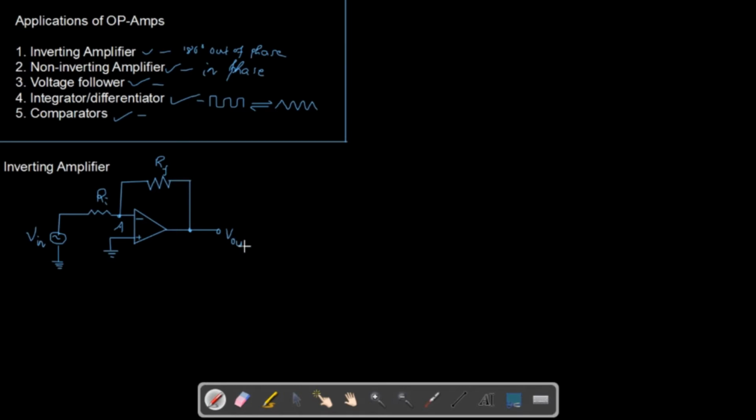Now you know it's an inverting amplifier, because we have applied the input here, and the output that we are going to get is going to be out of phase. So this is the basic diagram that most of the time we'll be drawing. Let me make a simplified diagram of this.